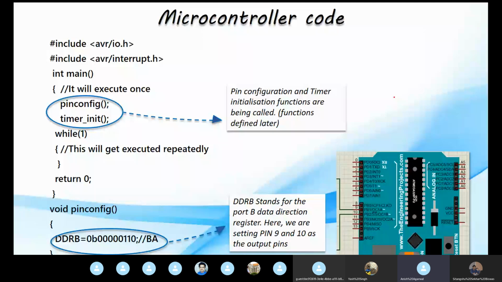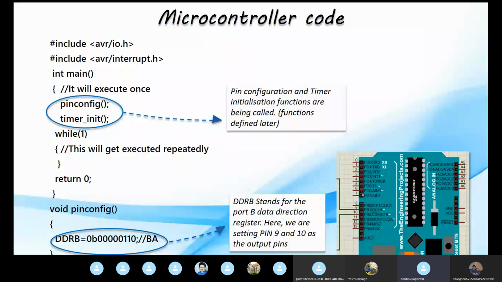Coming to the function of void pin configuration. All of you can see there's DDRB. DDRB stands for Port B Data Direction Register. In an Arduino, you see there are 6 analog pins and there are 13 digital pins.